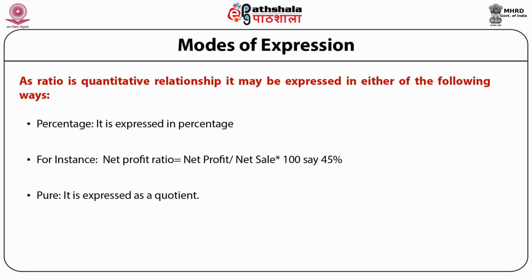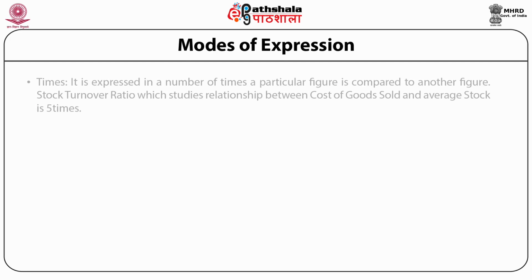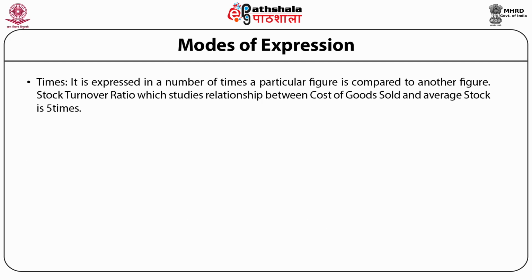It is expressed as a quotient, for example, current ratio, which expresses the relationship between current assets and current liabilities, say 2:1. Next, times. It is expressed as the number of times a particular figure is compared to another figure. Stock turnover ratio, which studies the relationship between cost of goods sold and average stock, is 5 times.